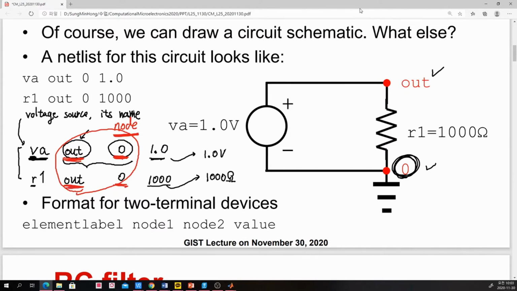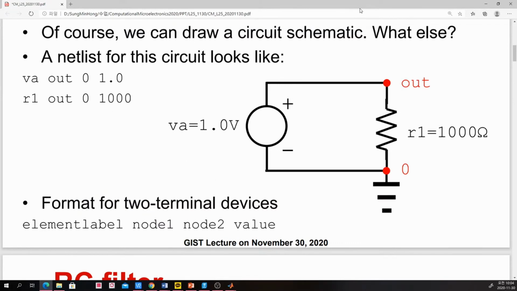And since their characters are the same, this out and this out are identical. And one more thing is, this 0 is a special one which is reserved for the grounded node. I think that I have covered a very important topic in today's lecture.